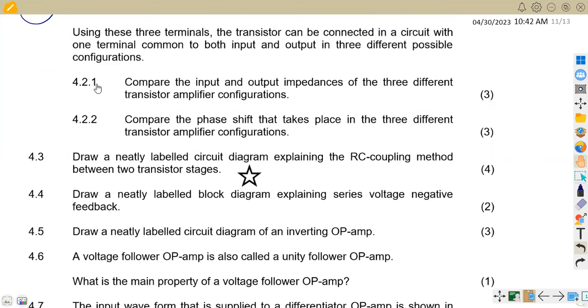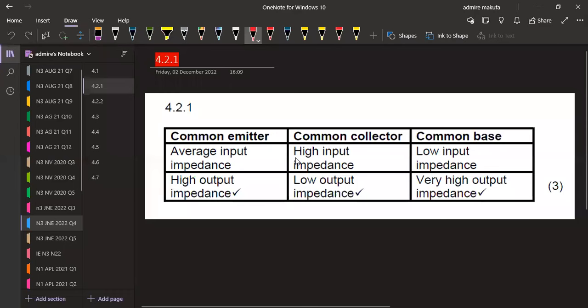Then we are asked to compare the input and output impedances of the three different transistor amplifier configurations. Okay, when you are dealing with the transistor configurations, can we differentiate these ones? All right, so remember, we have got the common emitter configuration, the common collector configuration, or it can be a common base configuration. So now you have to talk in terms of the impedance.